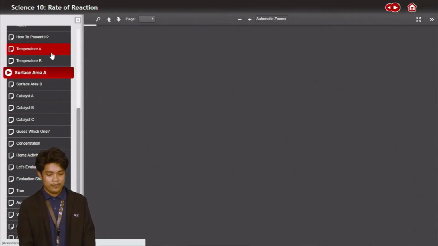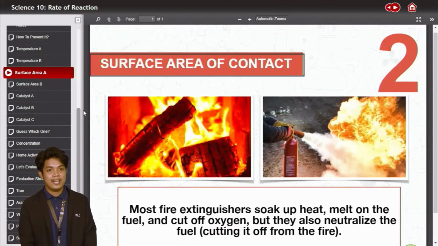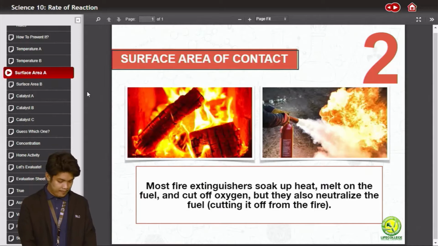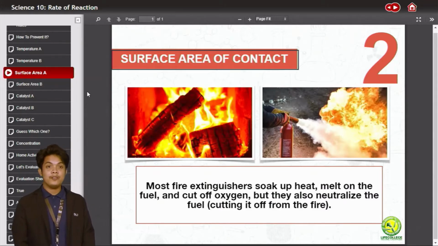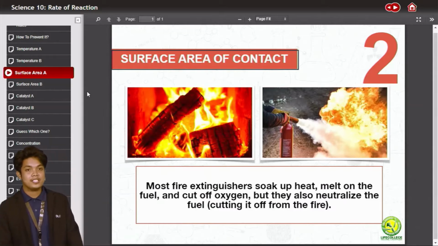So, the next factor is the surface area of contact. As we can see, fruitful collisions happen when there are contacts between reactants. In combustion, oxygen and fuel react when they are in contact with each other.